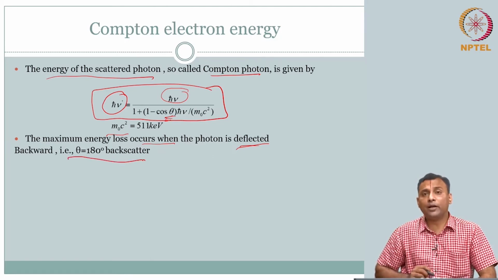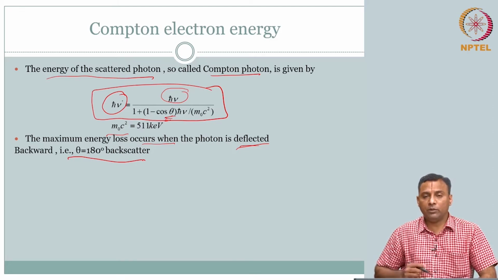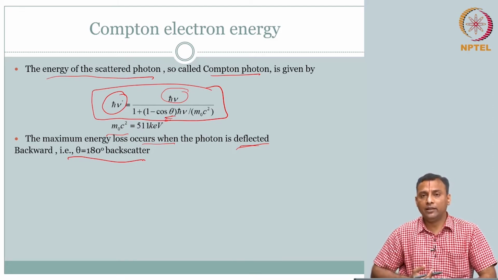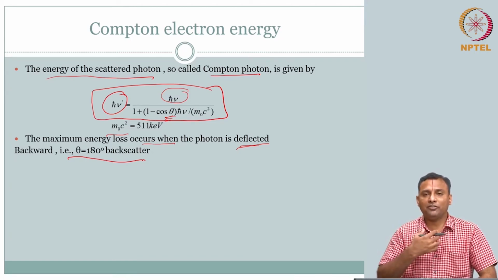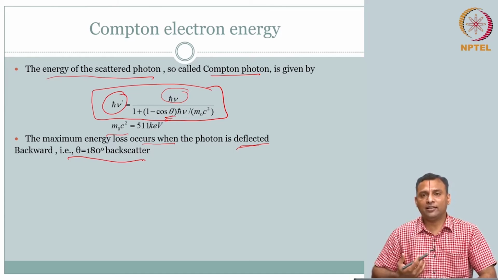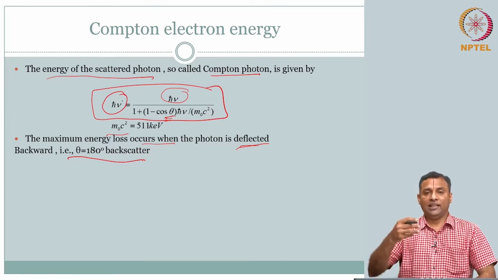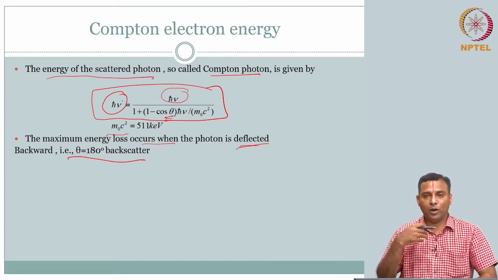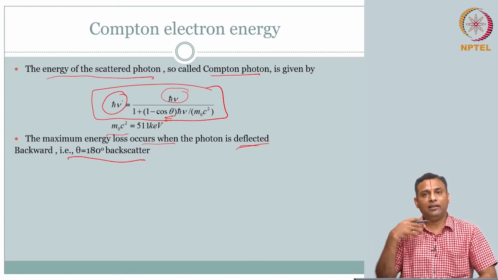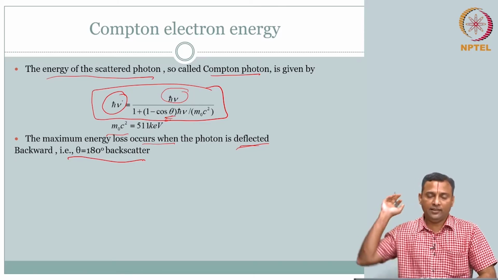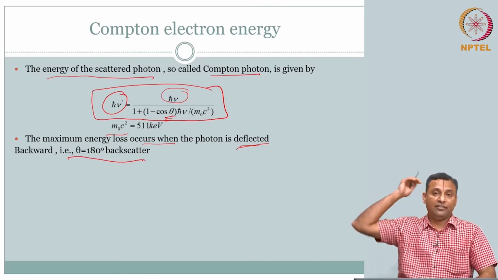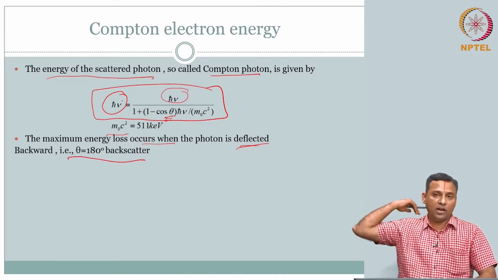Why are all these important? We need to understand which phenomenon is favorable to our task. What is our task? Imaging. We want to send the X-rays into the body, the X-rays will interact with the body, and I will receive the X-rays that are coming out of the body.